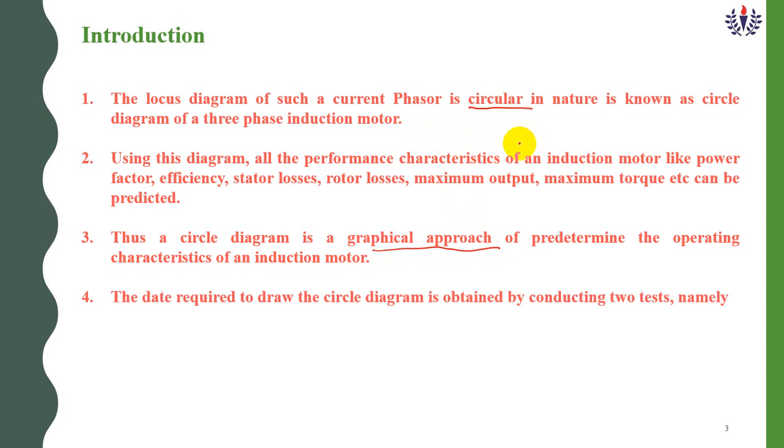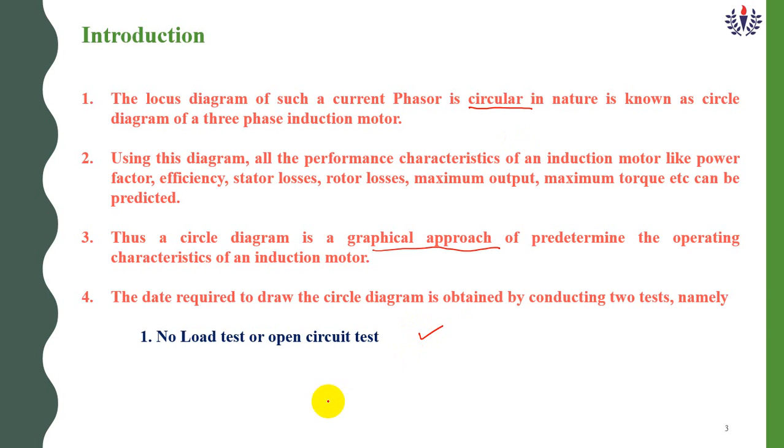The data required to draw the circle diagram is obtained by conducting two tests. The first test is the no load test, which means we should not apply any load. The no load test is also called the open circuit test.